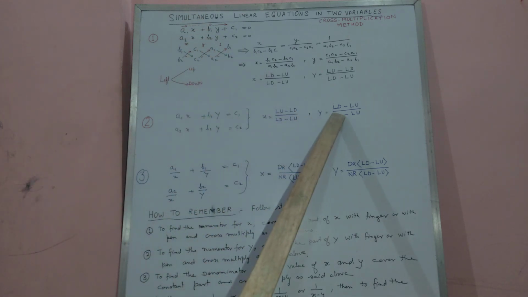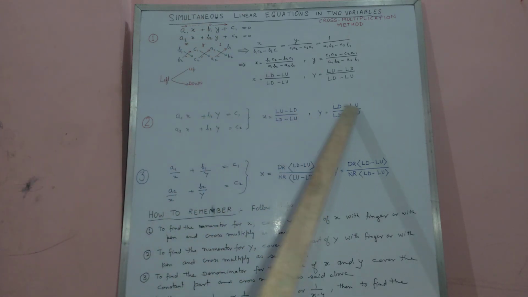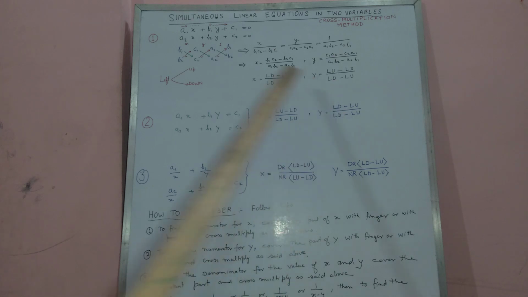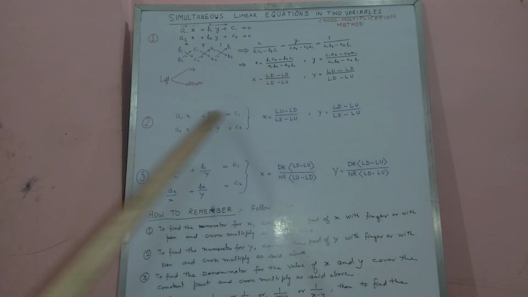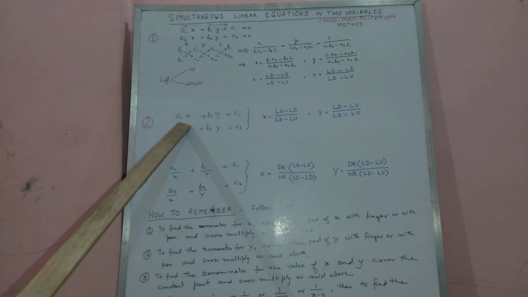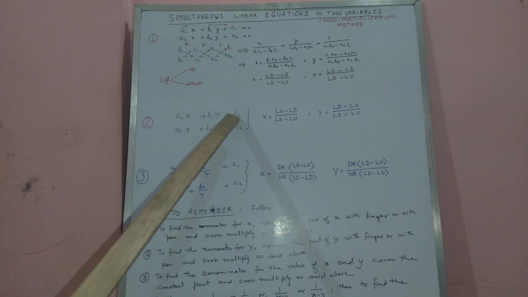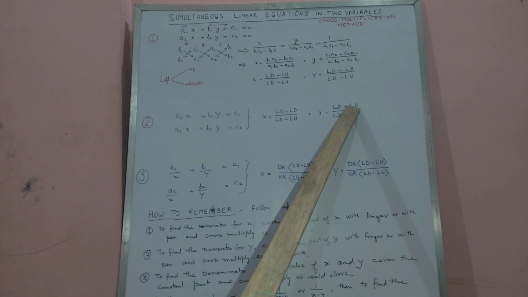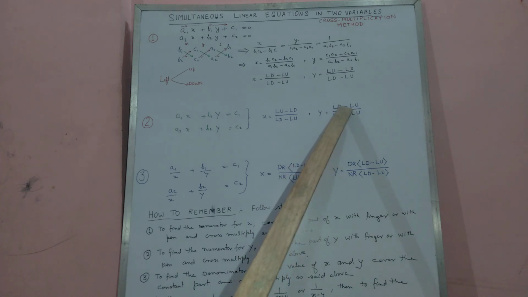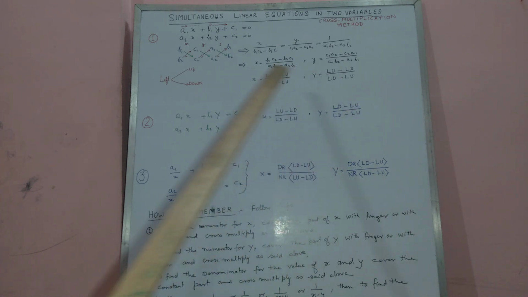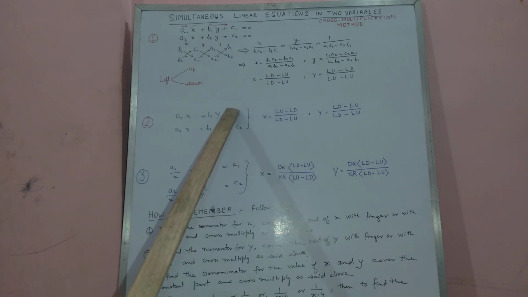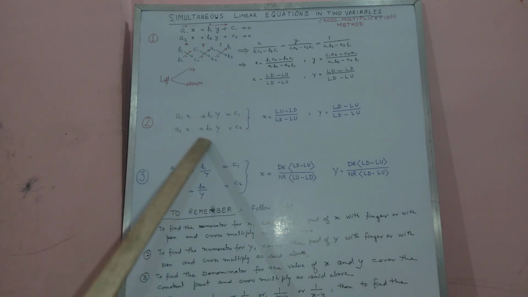So y will be equal to left to down, a1 into c2, minus a2 into c1. This will be the numerator part for y, and the denominator again has no change. Just cover the constant part and cross multiply.